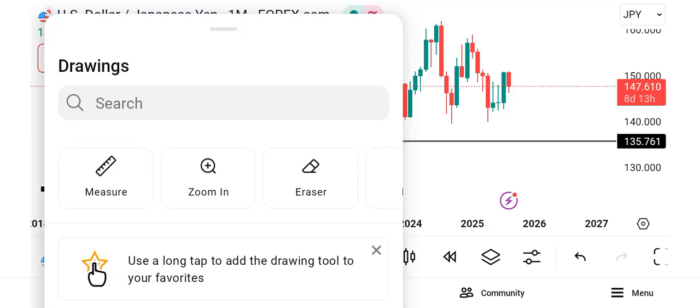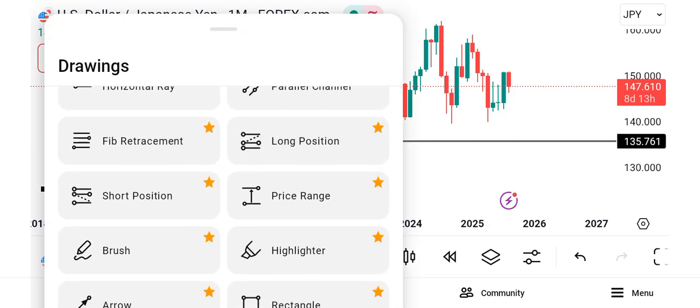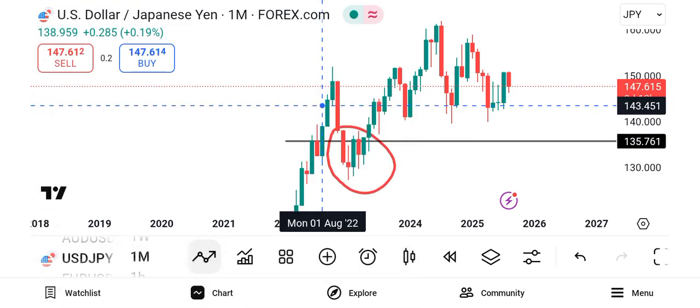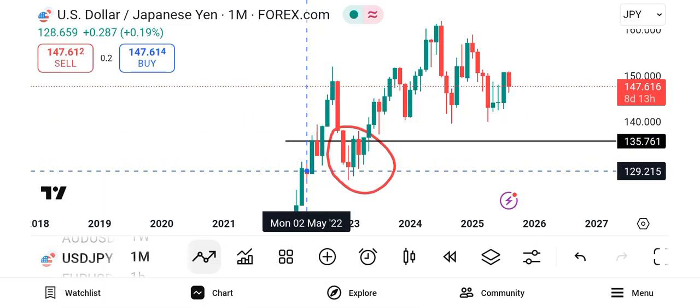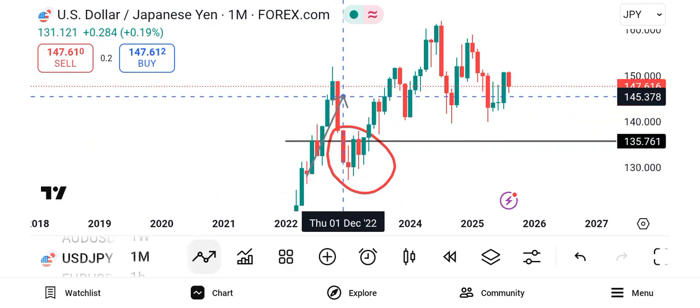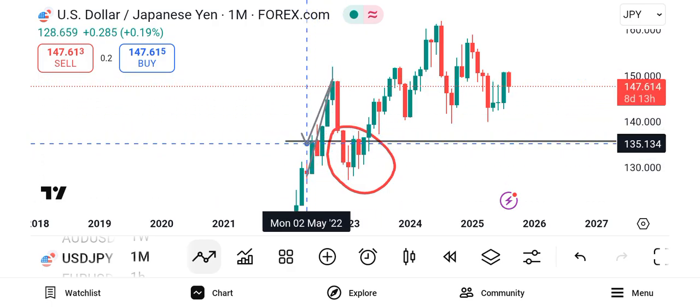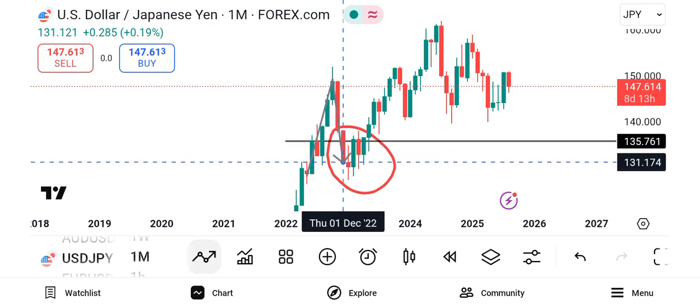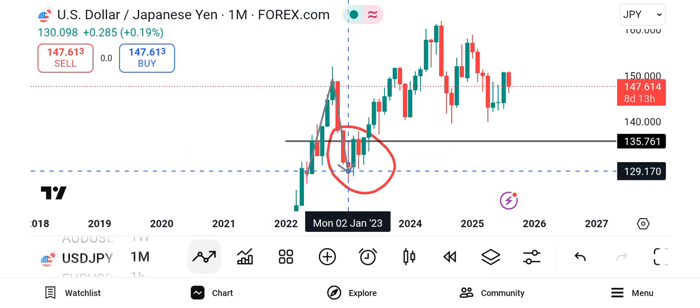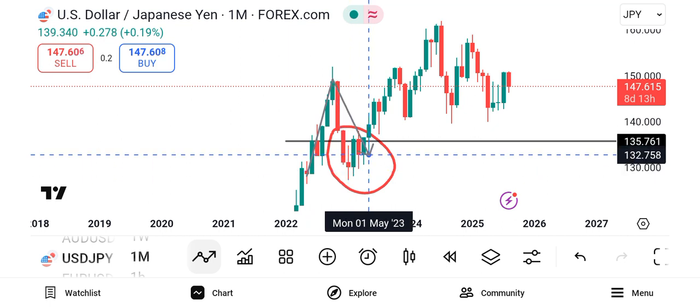This is monthly. The market broke this high, then it came back to retest this particular level, here now becoming support. Then it dipped down. What it did here was a stop loss run, a liquidity sweep. So those who understand it won't be caught up by this particular dip.